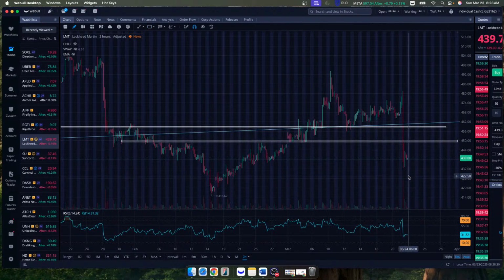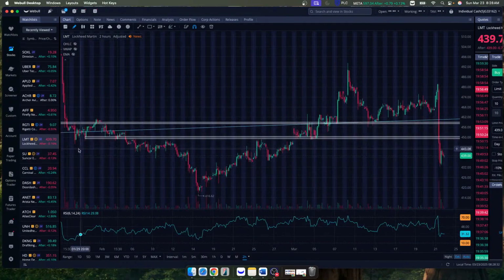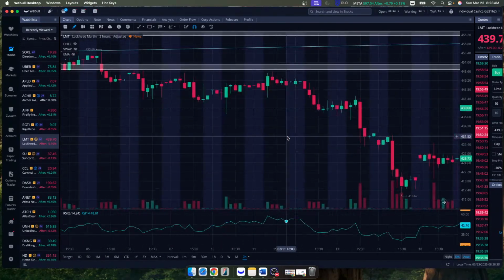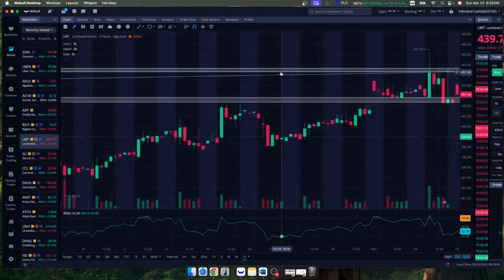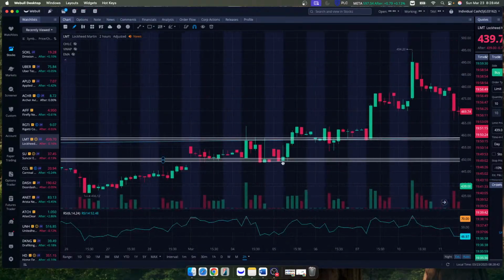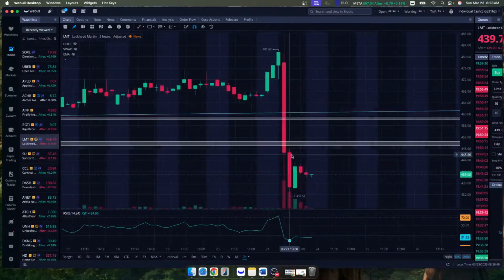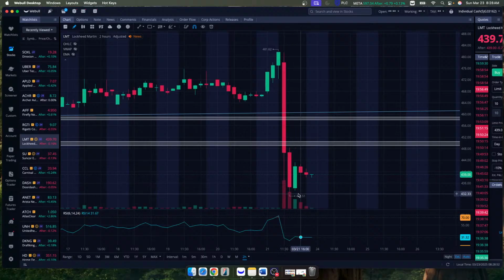I bet you there were people that bought at 450 thinking that, hey, we had consolidation here, support. We retested right here around 450. And then they saw this support here at 450, and they saw this sell-off coming, and they bought at 450 and go, God damn it, it just sold all the way down. It just sold all the way down to 436, made lower lows to 432, and then got smoked.